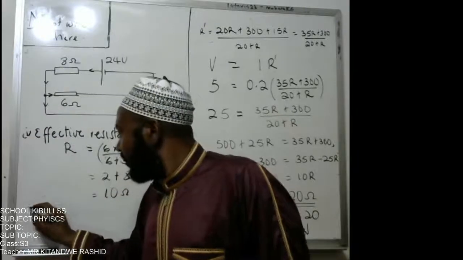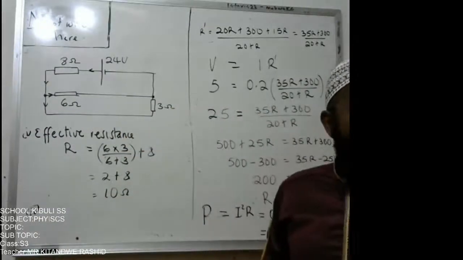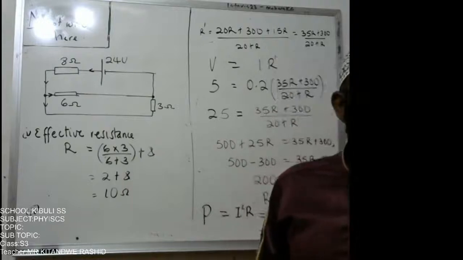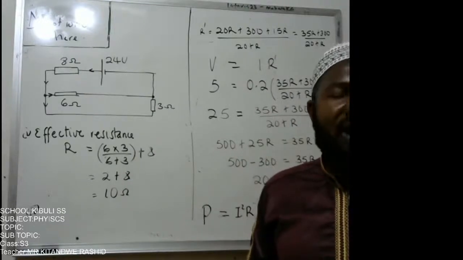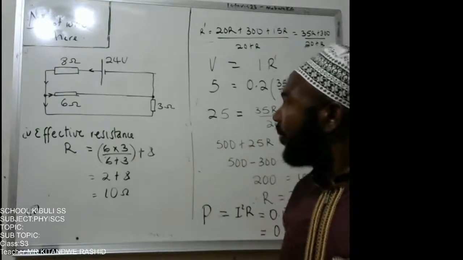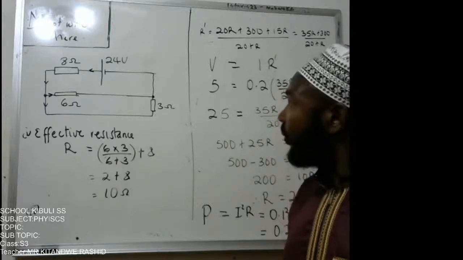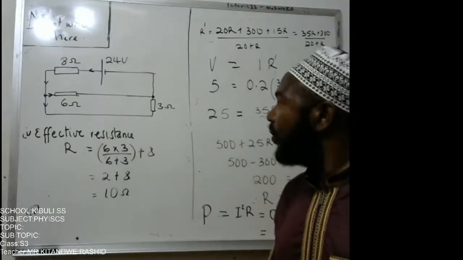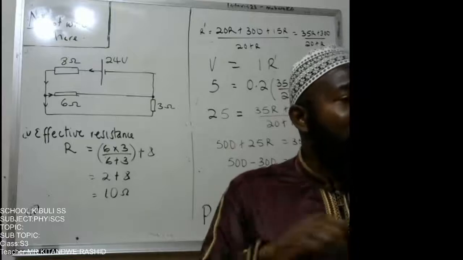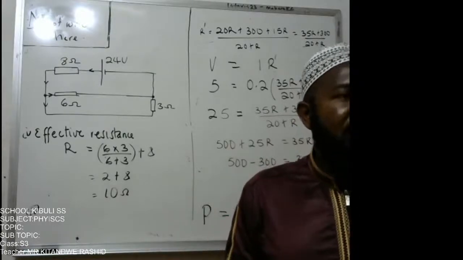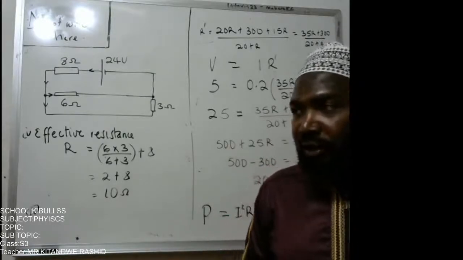So Roman 2. Current flowing through the 3. The rest of the questions are now very easy. You can't find current flowing through the 3 before you get the total current in the whole circuit. So let's get the total current in the circuit.